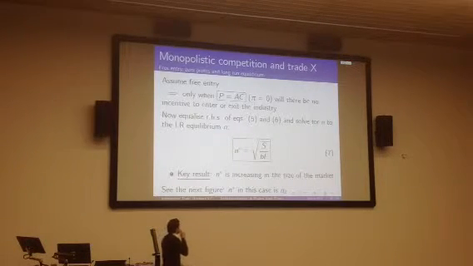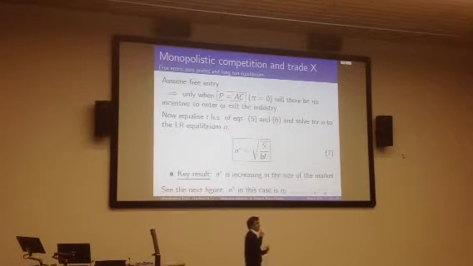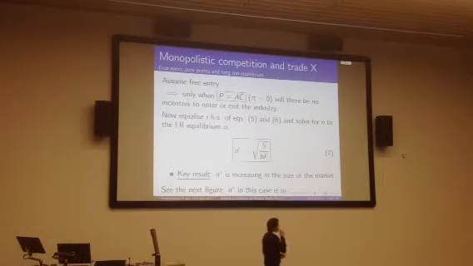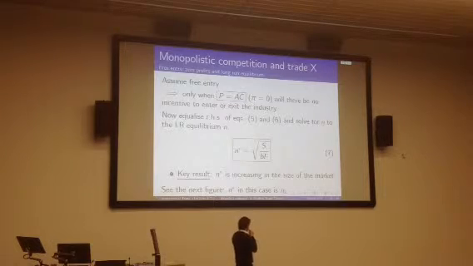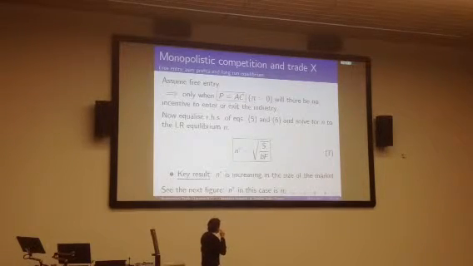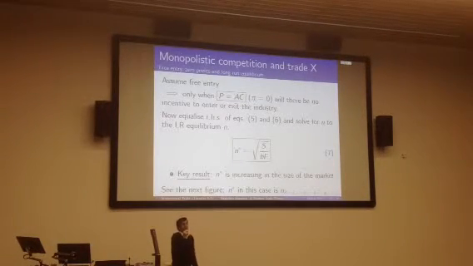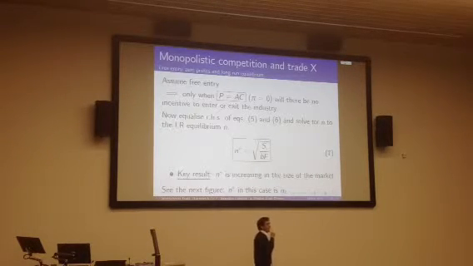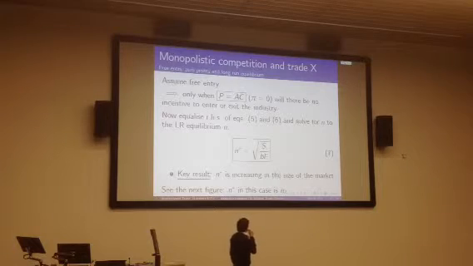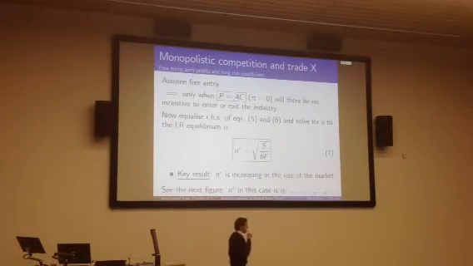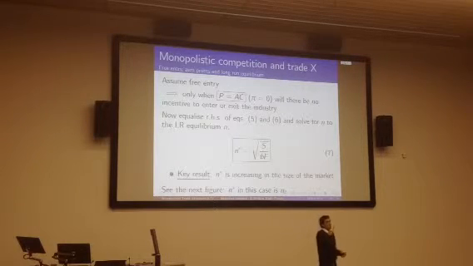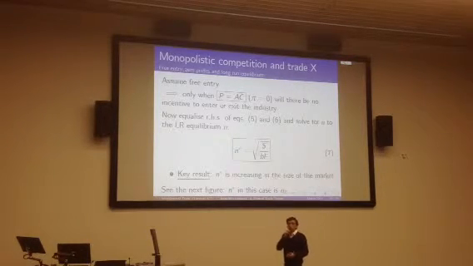It's telling you the number of firms that can exist in a market is going to be a positive function of the size of the market relative to the fixed costs, or relative to the sunk cost of setting up the business.